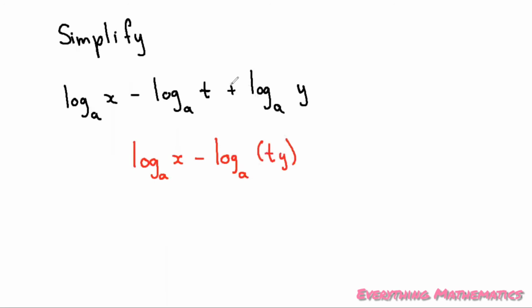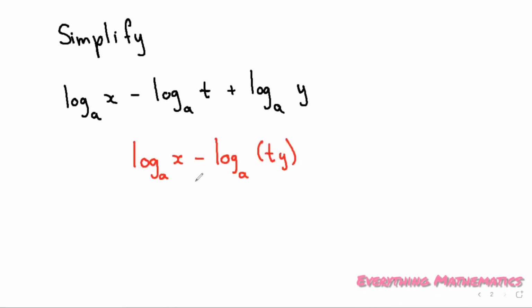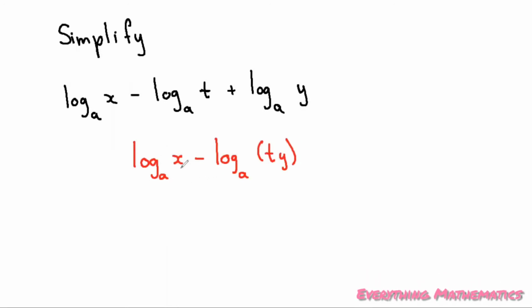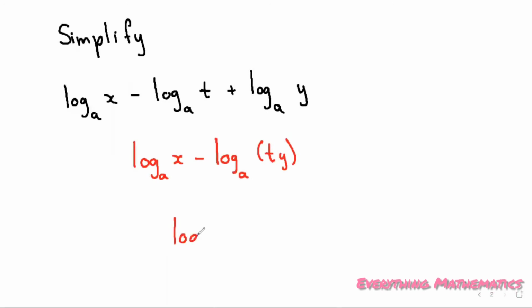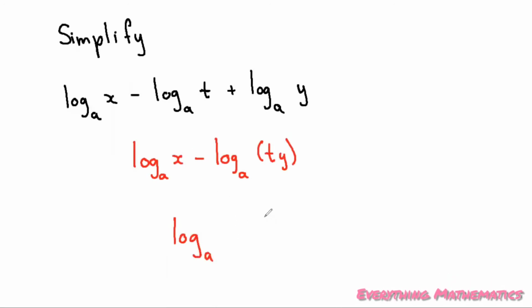Remember, I am adding two logs, so that's the same as multiplying. We're finding the product. And now we can do rule 2, because we have one log being subtracted by another. Here we finally end up with log A of the numerator, the first one, X, all divided by Ty.